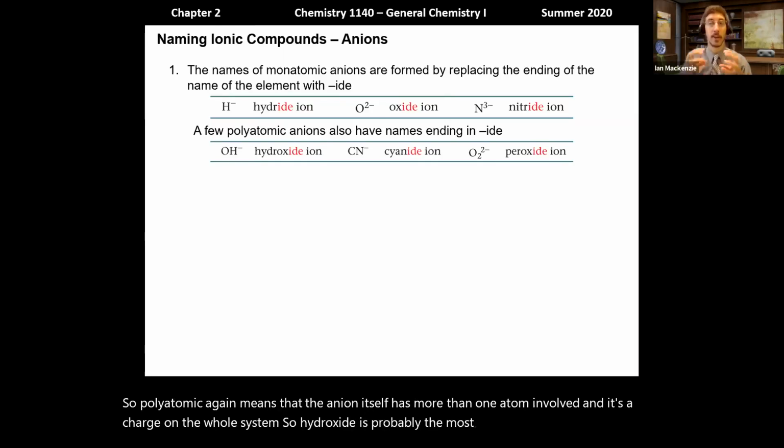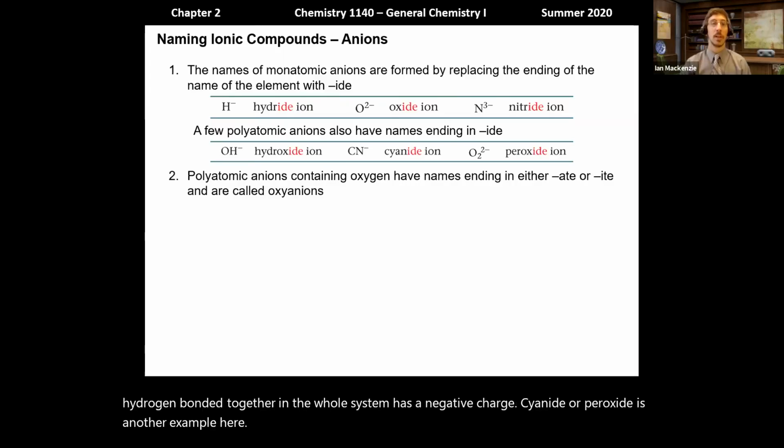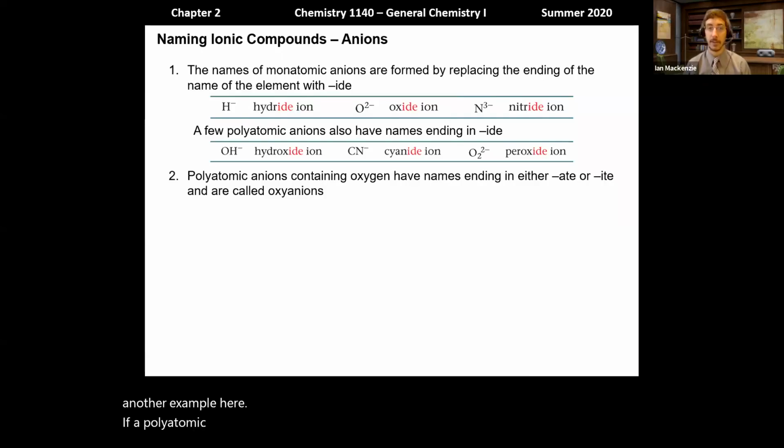It's an oxygen and a hydrogen bonded together, and the whole system has a negative charge. Cyanide or peroxide is another example here. Now, if a polyatomic anion contains oxygen, and it's not just like the peroxide, in that case, that would just be one element, just oxygen.